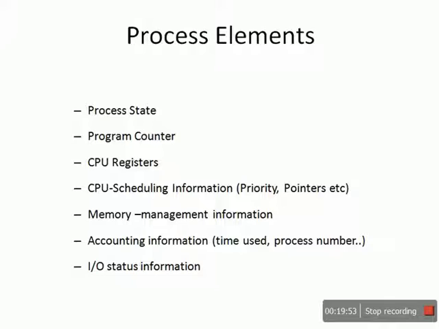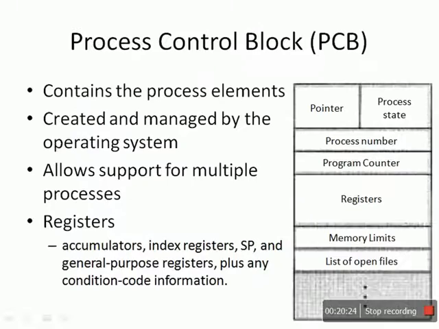Accounting information, how much time it has already taken for execution, the process number, etc. The IO status information, what IO devices it has acquired and what response it got from those IO devices. So all these are the elements of a process.